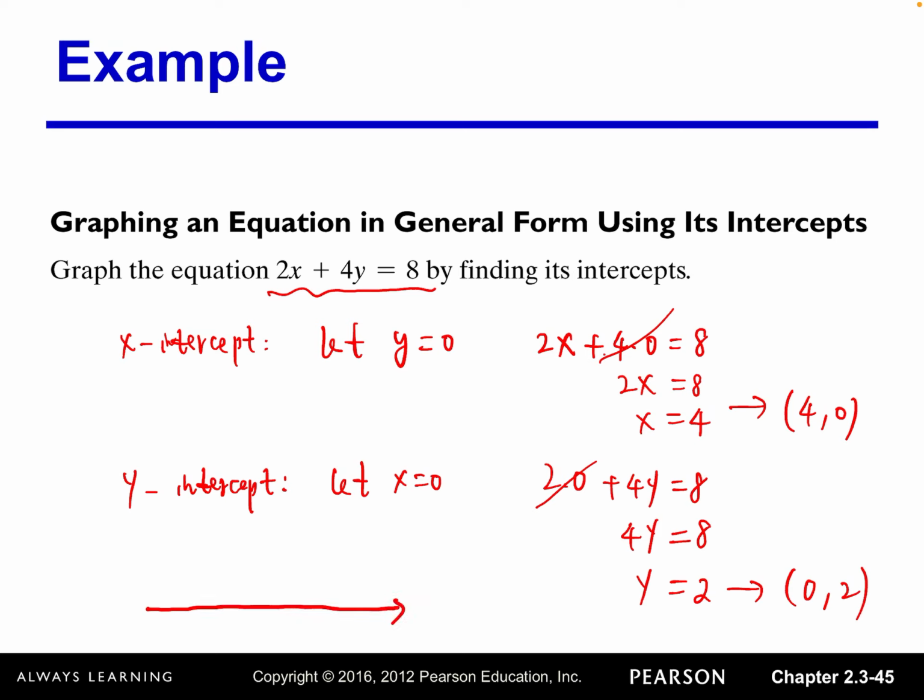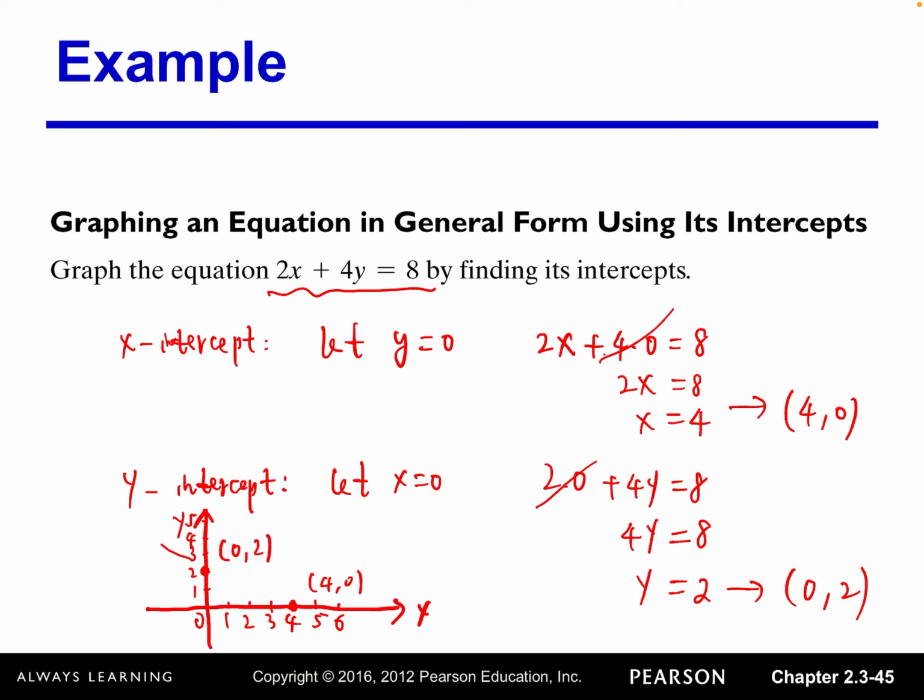Let me graph here. x, y. So (4, 0) is the point right here, right? (4, 0). (0, 2) is the point right here.